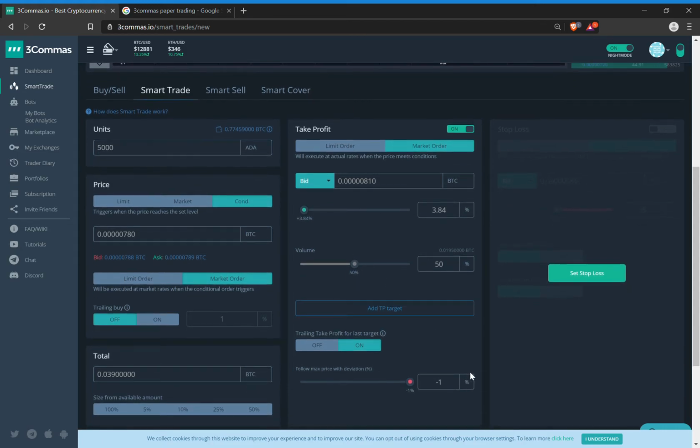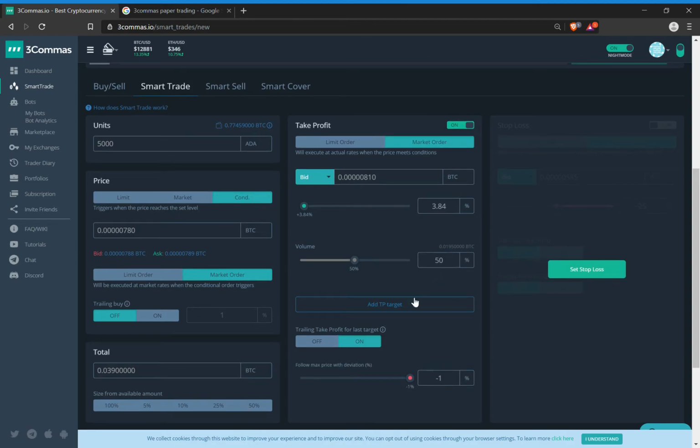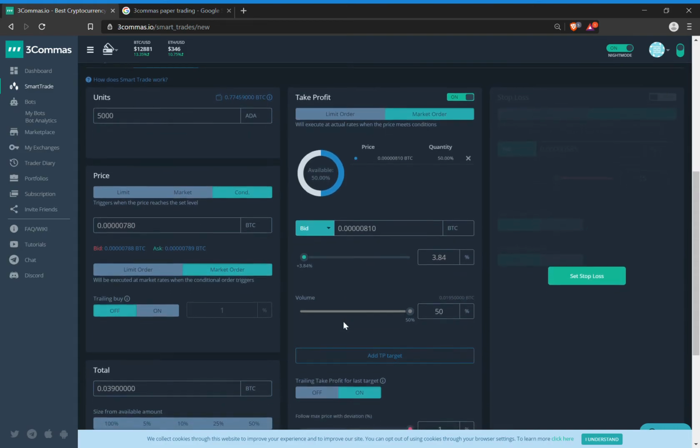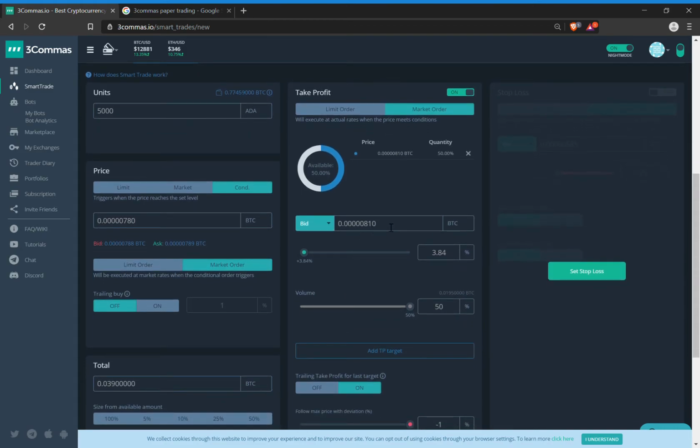And now that we've got that one take profit level in there, let's say Traders Profit Club gave you that second target, okay? So there's your first one. We've got our sell for 50% of the 5,000 units, 2,500 units we're going to sell. And then our next one, let's say Traders Profit Club tells us 920 Satoshis.